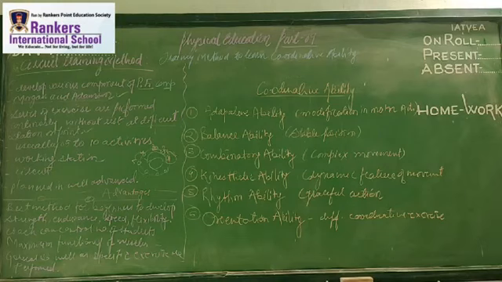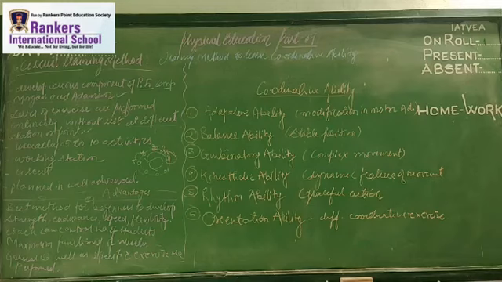So what we have studied: adaptive ability, balance ability, combinatory ability, kinesthetic ability, rhythm ability, orientation ability. Adaptive ability, in simple words, is modification of motor activity. Balance ability, we called stable position. Combinatory ability is performing complex movement.